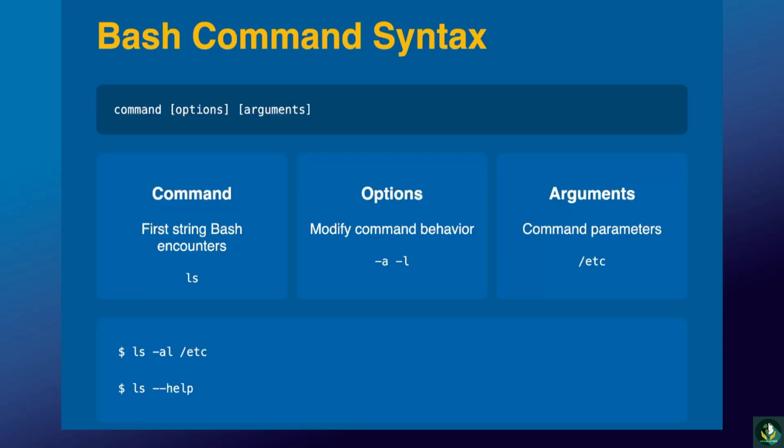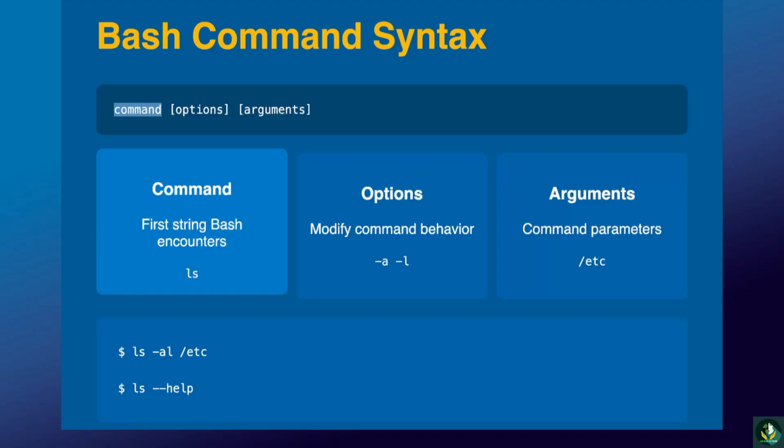The system processes these elements in a specific order, with the command always being the first string encountered. The command component serves as the primary instruction. For example, this ls command will instruct the system to list directory contents. This command will initiate all subsequent actions in the command sequence.